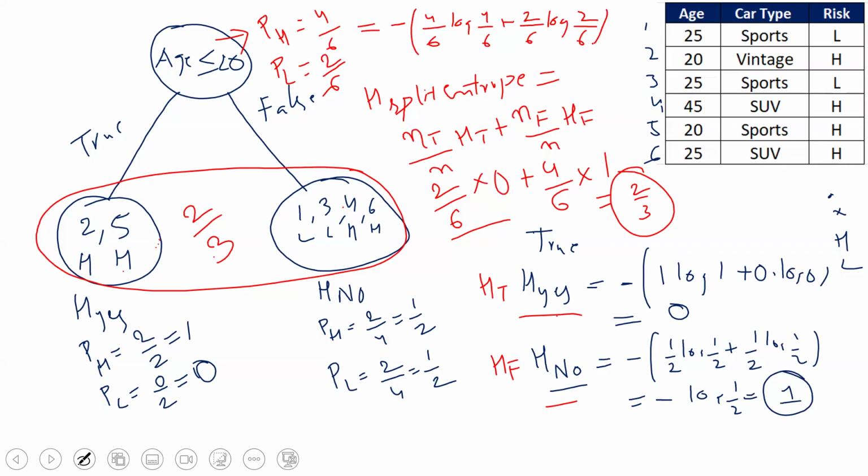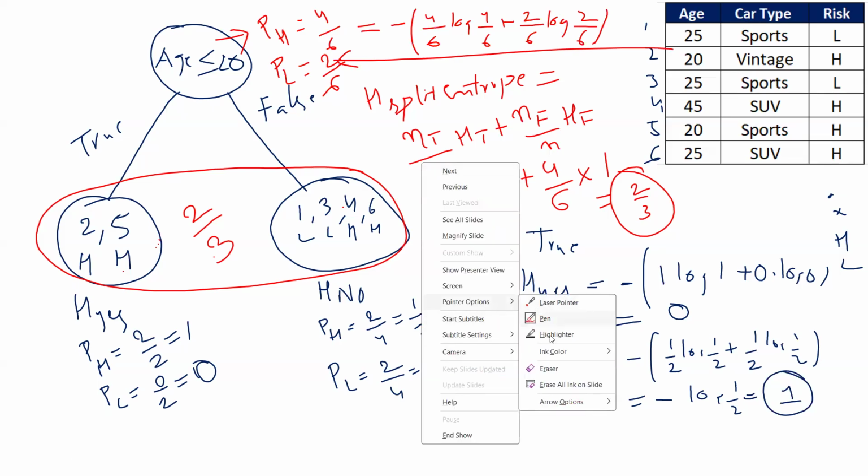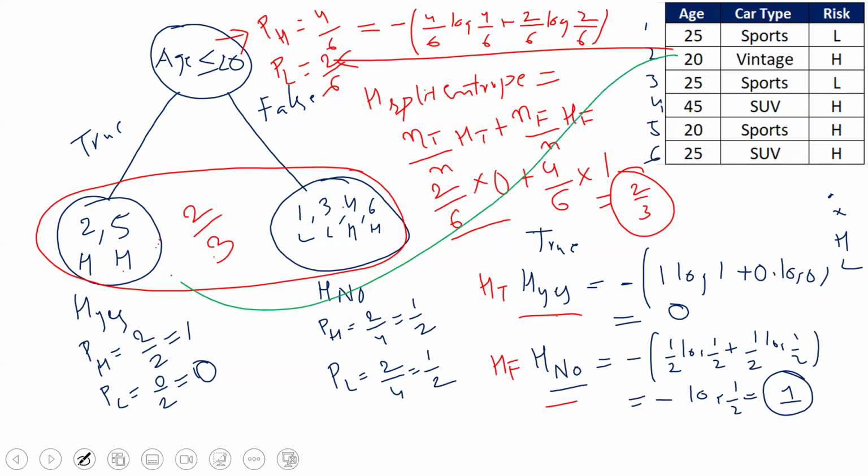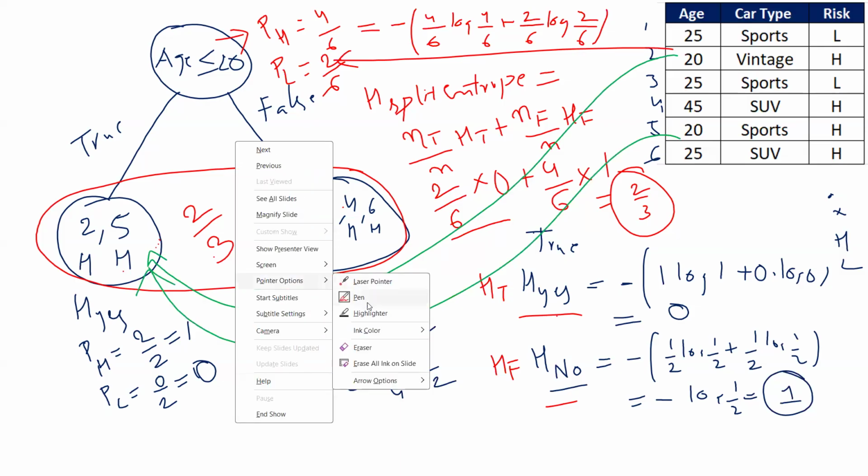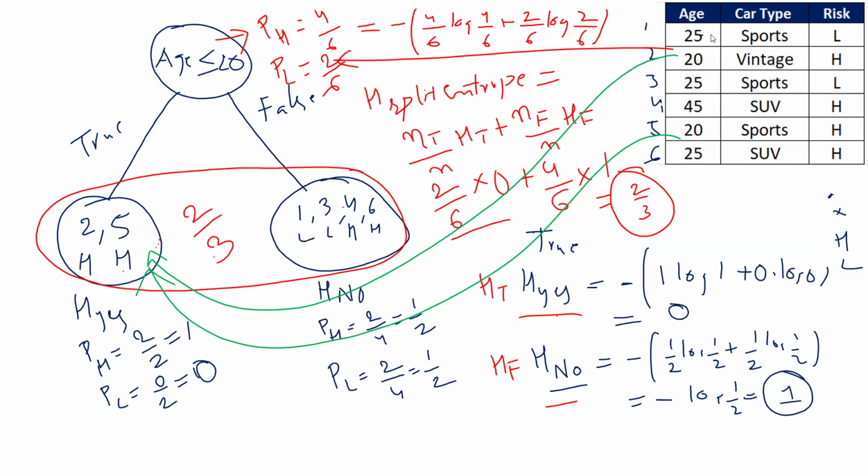Out of the 6 records, the whole data set will be here, and this data set is split in two. So 2 records will come here, and the rest, 4 records, go there.